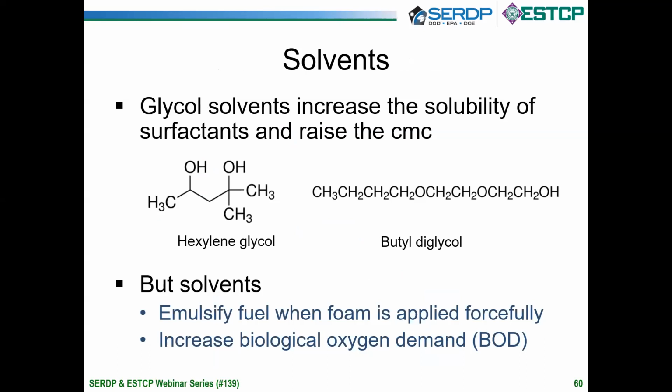But again, they're doing something good in helping the surfactants, but they also have a downside because the use of solvents in foam means that when the foam is applied forcefully to a hydrocarbon fuel, we get emulsification of fuel droplets in the foam, and they can ignite. Particularly when you start doing the burn back phase, you can get flaring of those fuel droplets and the foam can be destroyed. So fuel emulsification is a bad thing.